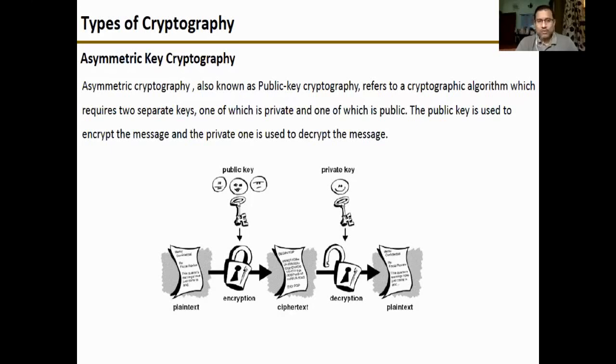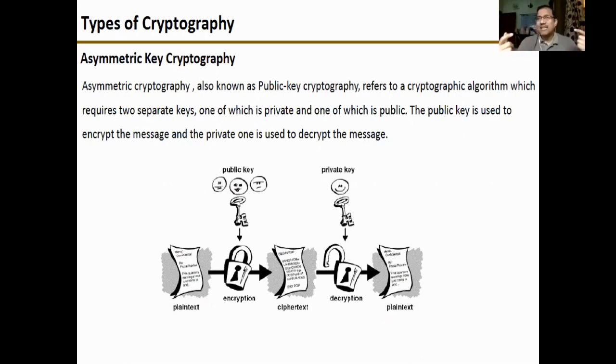How does it work? The sender generates a plain text message, and encrypts it with the public key of the receiver, because the public key of the receiver is known to everybody, and it generates a ciphertext. But the interesting fact in this entire process is the private key.